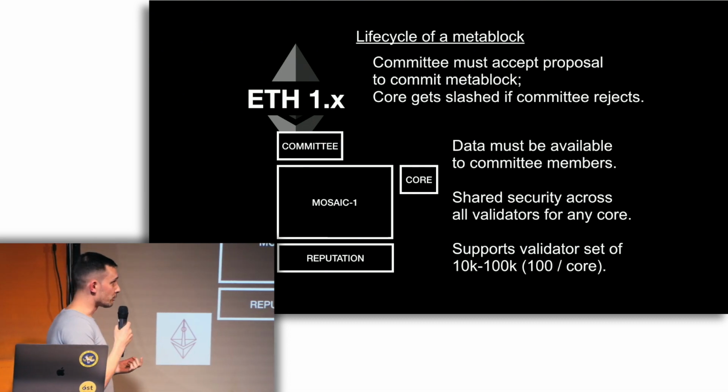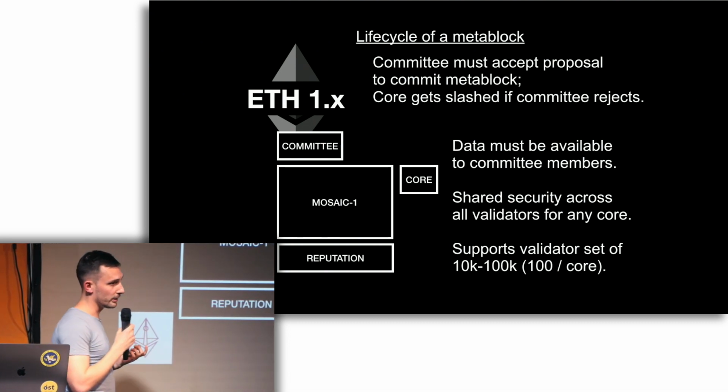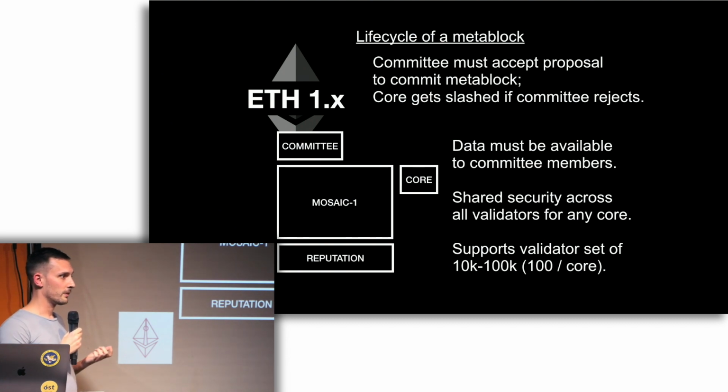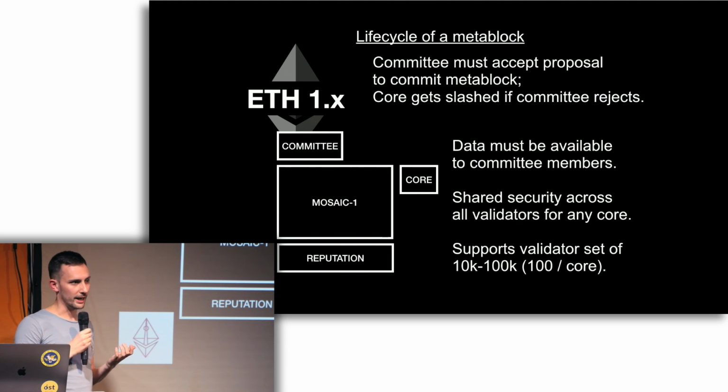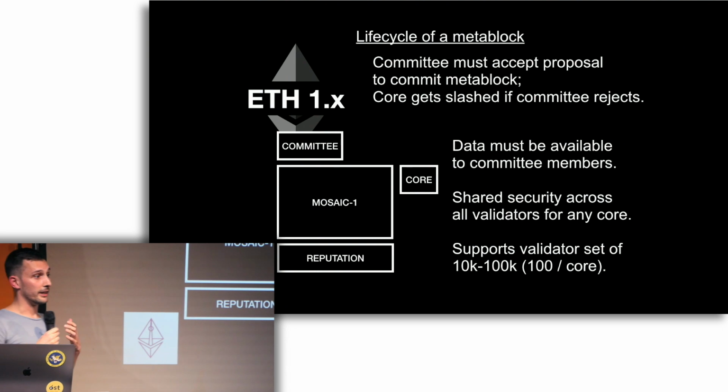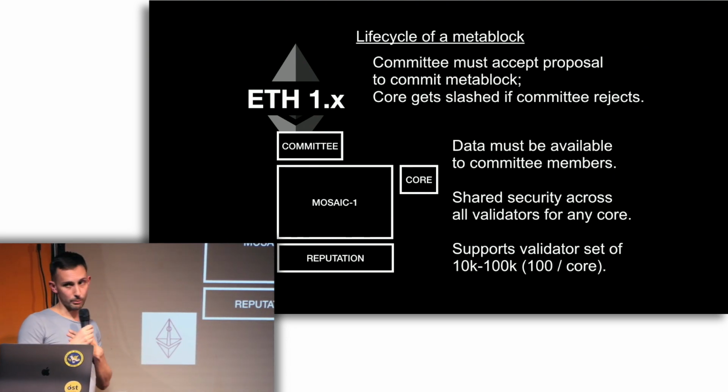And then it gets very interesting because the data availability problem is a really tough problem because it is subjective. Whether or not I get the data is a subjective question. I might just have a lagging internet connection, or the data might be being withheld from me.